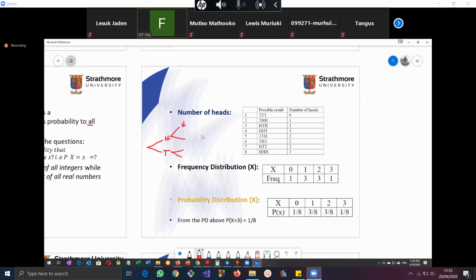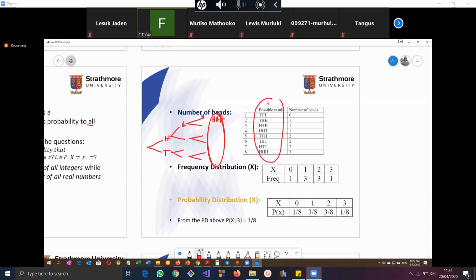Then the final one. This is how our tree diagram will look like. But with advancements, we don't draw these trees. So after you have your tree diagram, all that we'll get here is your sample space. The outcomes here. Like for example, here, if I have H here, so here I will have 3 H's, and so on and so forth. So that's the sample space.